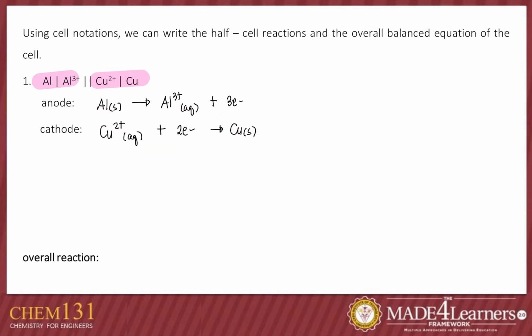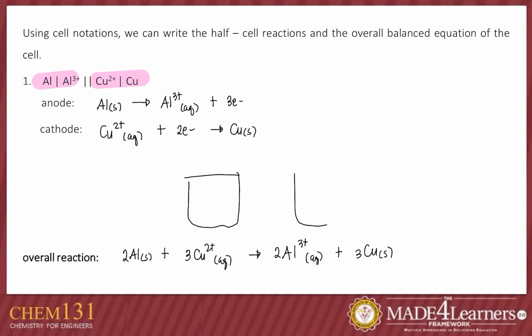So we can just write directly that this is 2Al, that's solid, plus 3Cu2+ AQ, producing 2Al3+ AQ plus, pila ni siya, this is 3Cu nga solid. So na-cancel na to ang electrons. Okay? And then so may pormaan na niya sa kuan.